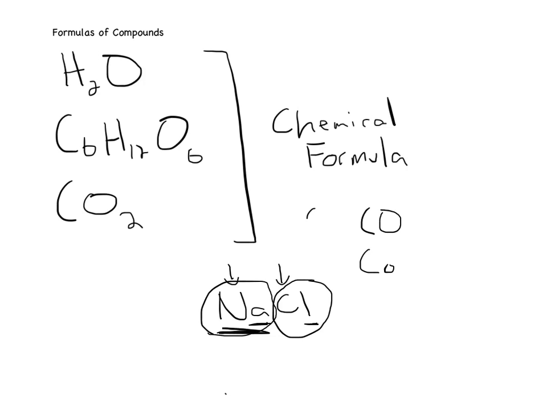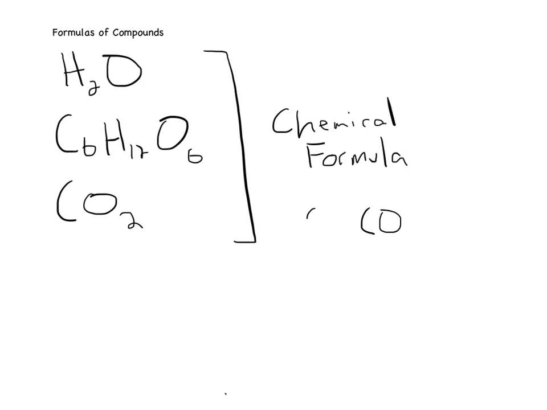So that's why knowing the capital letters is important. So let me erase this, give us a little bit more space. And as we look again, now we can tell how many atoms are in a compound. So here there's a capital C there, and there's a capital O there. So this has two.